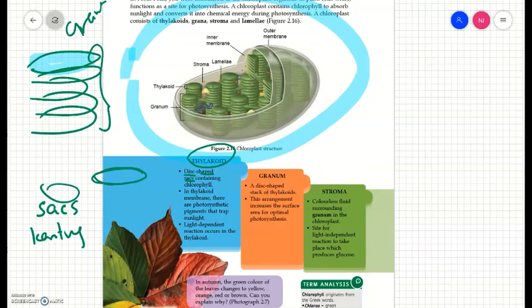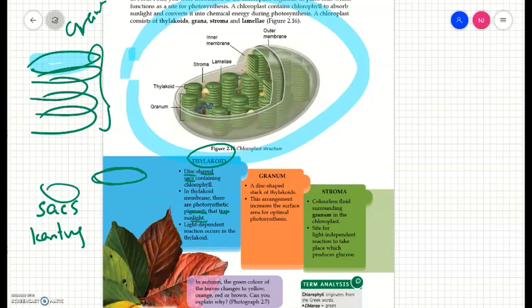This shape sacs containing chlorophyll, maksudnya dalam thylakoid ni lah ada chlorophyll. Okay, dalam chlorophyll tu we have a pigment. Again, chlorophyll itu yang trap sunlight, absorb sunlight. Dua-dua terms ni kamu boleh guna. You can use chlorophyll to trap the sunlight, chlorophyll is to absorb the sunlight, boleh.